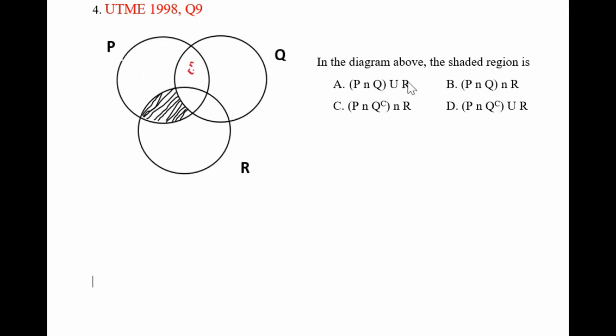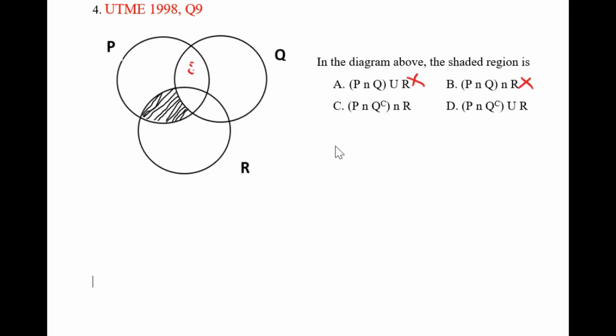So this one is not the answer. Then option B has P intersection Q as well. So now we are left with option C and option D. Okay, and option C and D, they have a similar parameter, which is P intersection Q complement.